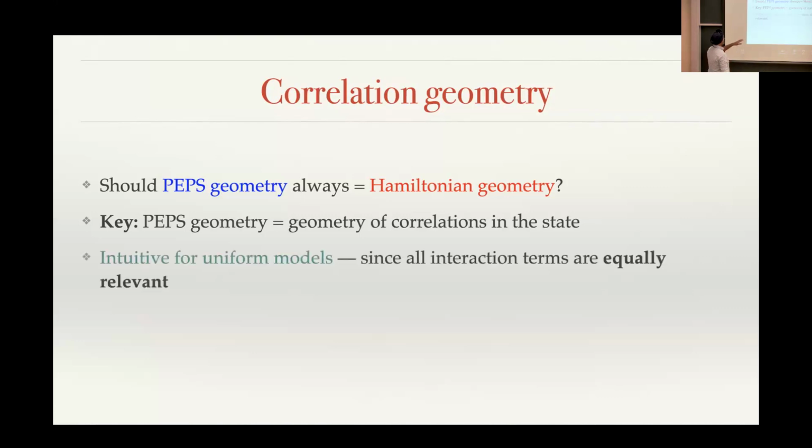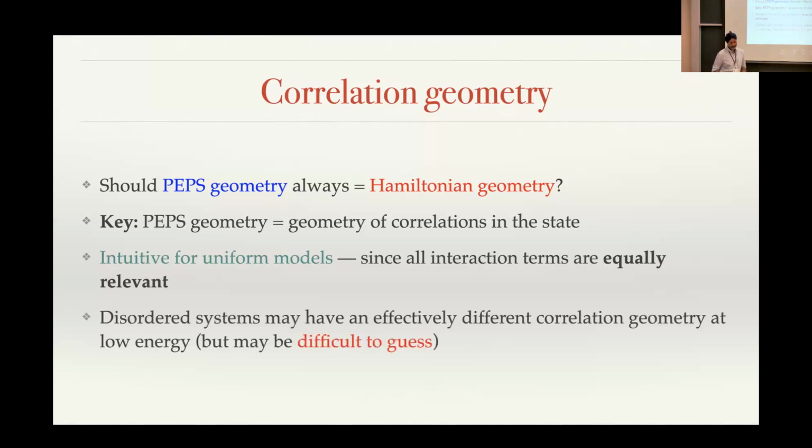So the intuition that the PEPS geometry needs to be the same as the Hamiltonian geometry comes from uniform models. There we know all the terms in the Hamiltonian are comparable, and so they're equally relevant. So we need a PEPS with the same geometry as the Hamiltonian. But for disordered systems, there might be an effectively different correlation geometry at low energies.